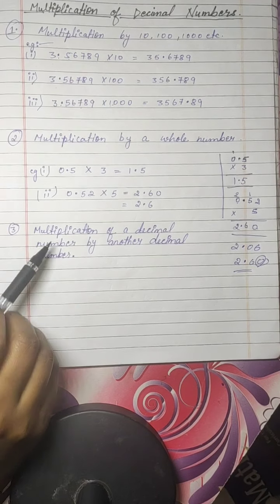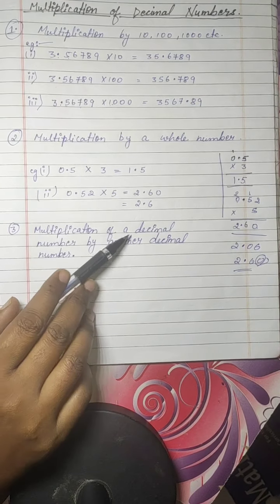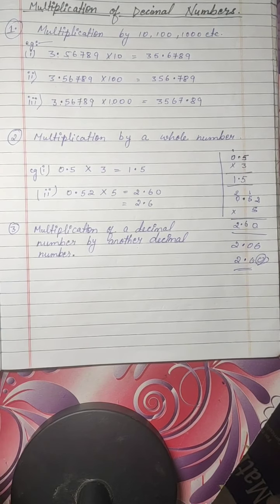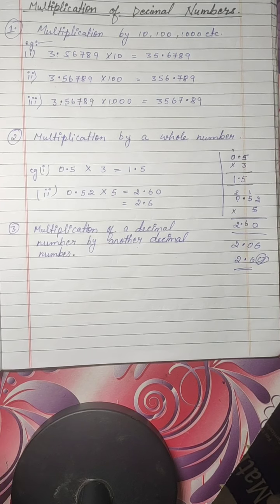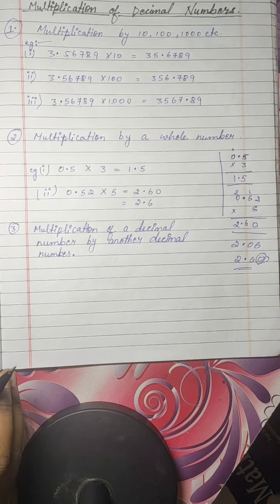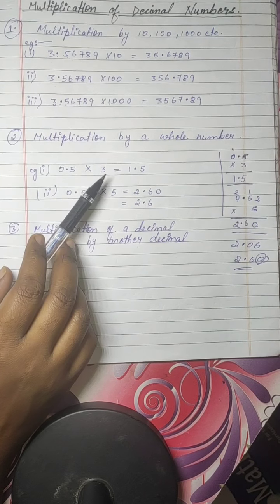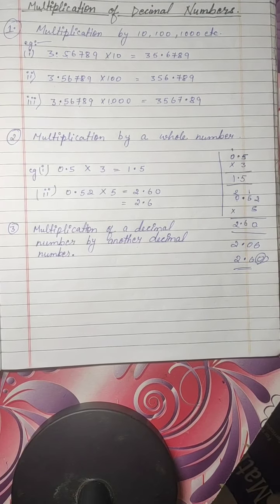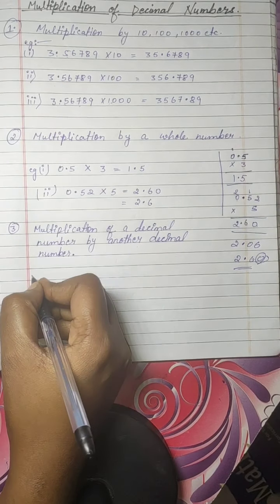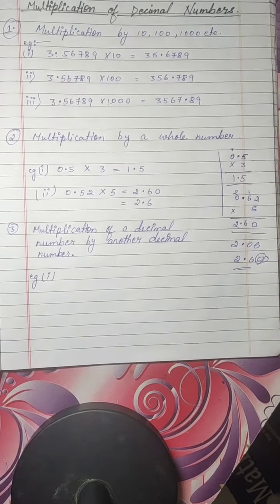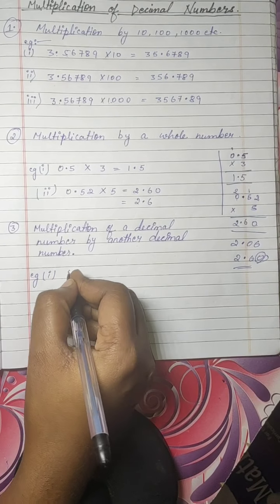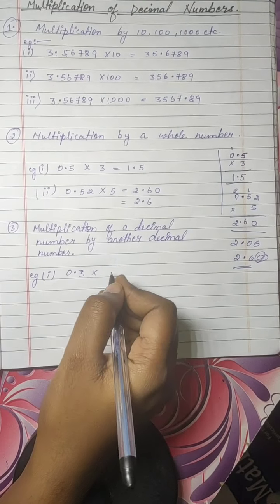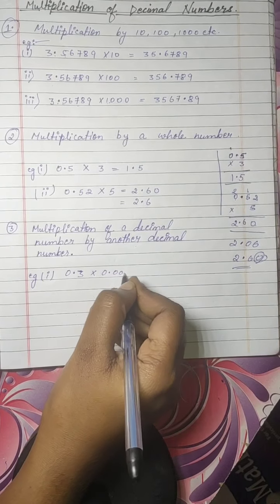Now next we will see multiplication of a decimal number by another decimal number. Some decimal number will be given, and you have to multiply it with another decimal number. Here we multiplied with a whole number; now we will see how to multiply a decimal number with another decimal number. Let's see an example. First let's take 0.3 into 0.008.